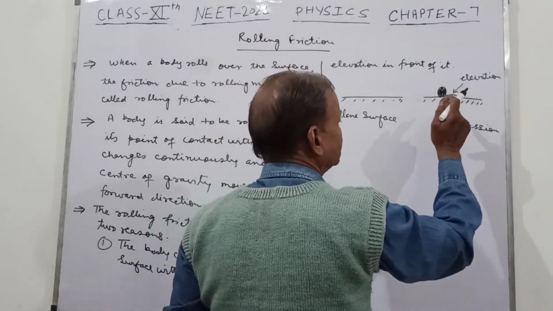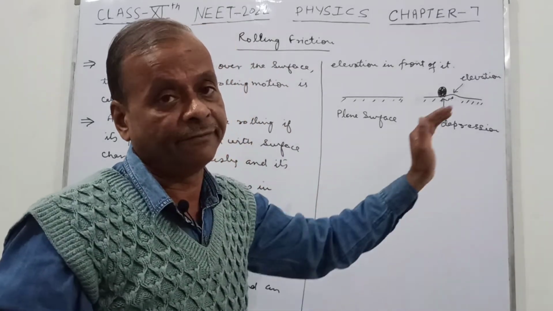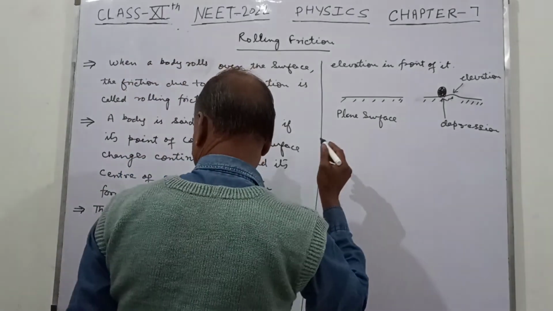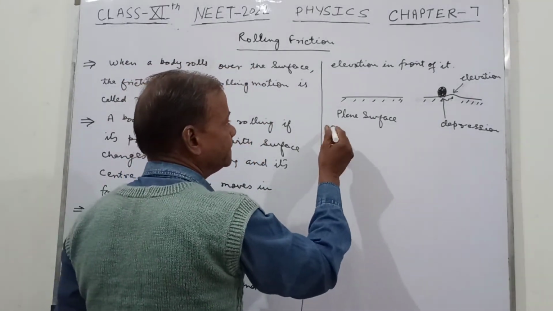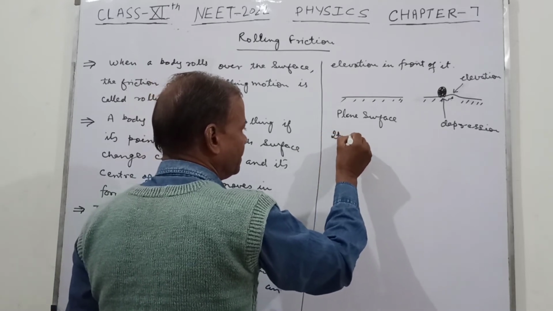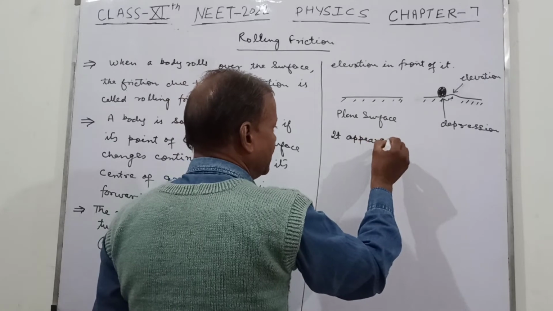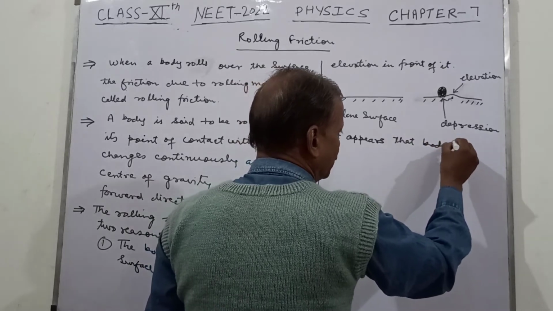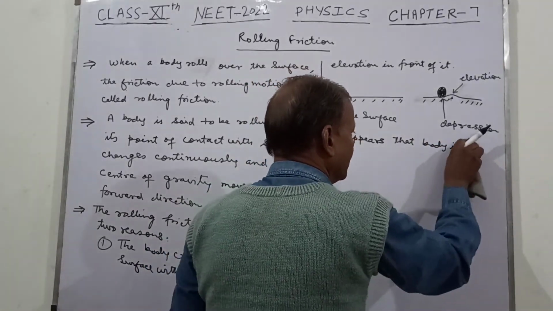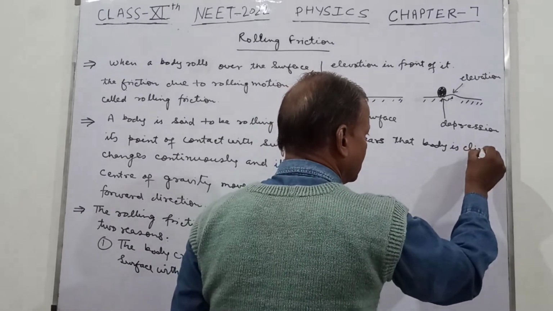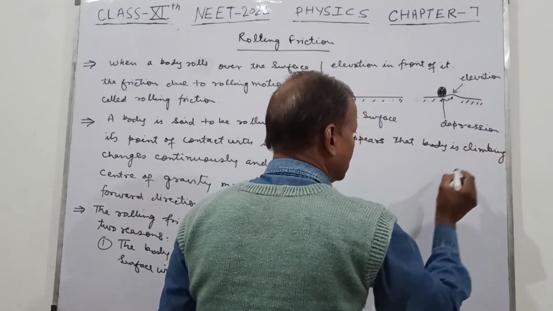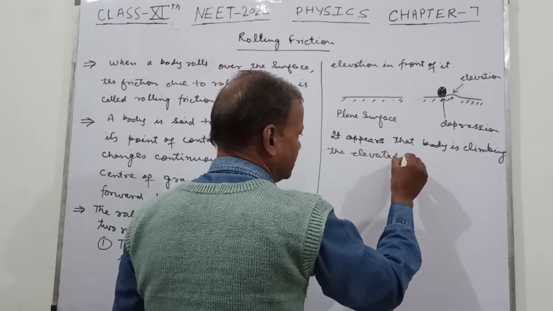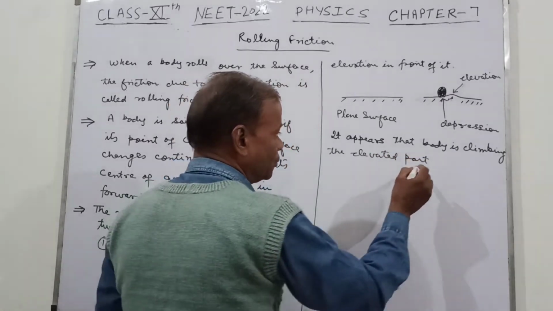This is now the elevated part. So it appears that the body is climbing up the elevation, climbing the elevated part, giving rolling friction.